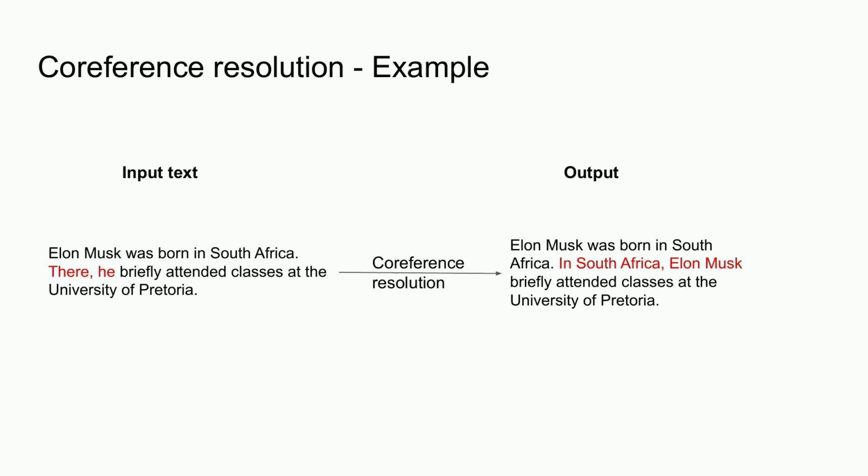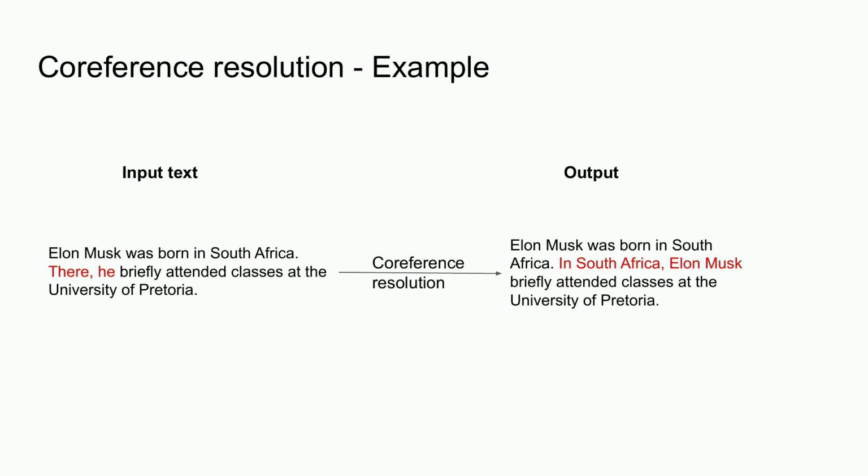The ideal result of the coreference resolution model would be an output that changes "there" to "in South Africa" and replaces "he" with "Elon Musk". So we would end up with: In South Africa, Elon Musk briefly attended classes at the University of Pretoria.